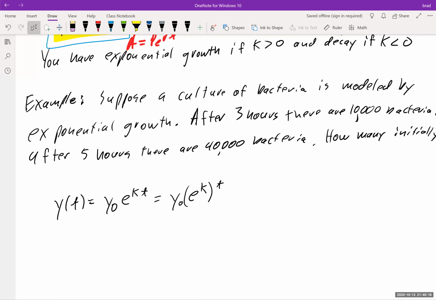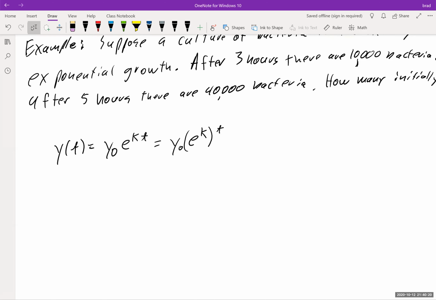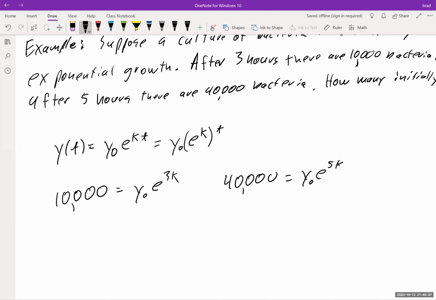there are 10,000. So what I'm going to do is set up something that I know. One of the pieces of information they gave me is that there are 10,000. And we know that this is y naught, or y of 0, e to the 3k. And we also know 40,000 equals y naught e to the 5k.